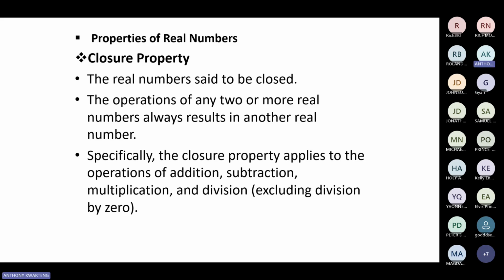But let's move on. So root of 3 plus root of 12 is the same as 3 root 3, which is also a real number. So whenever we operate on any two real numbers, apart from dividing a real number by 0, we still get a real number.